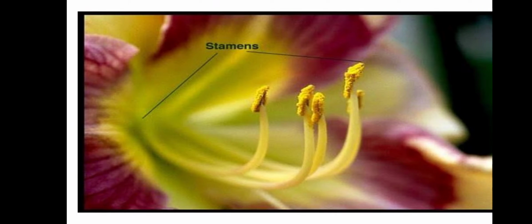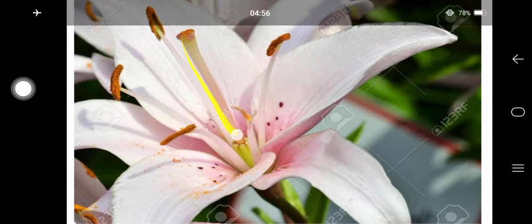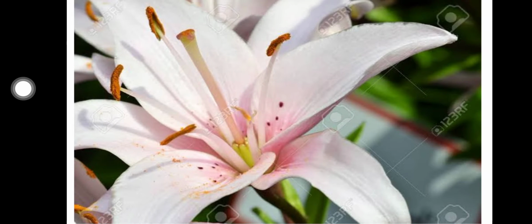Next we have the stamens, also known as the male reproductive part of a plant, also known as androecium. Next we have the female part of a flower, that is gynoecium, also known by the scientific term pistil.